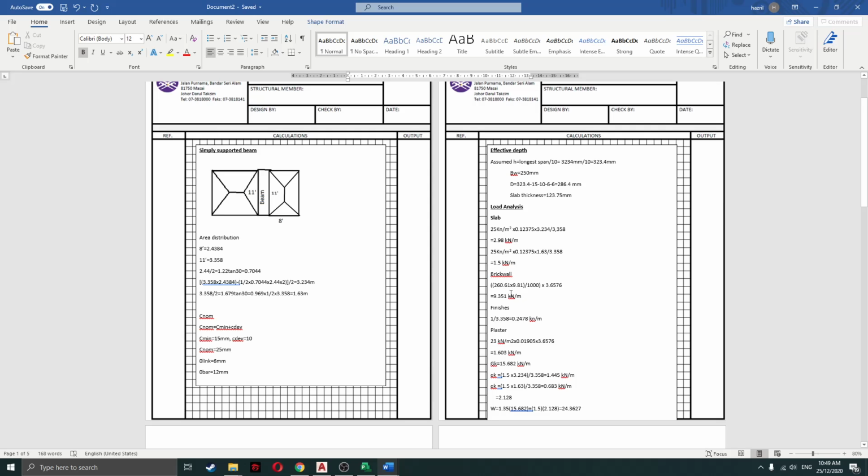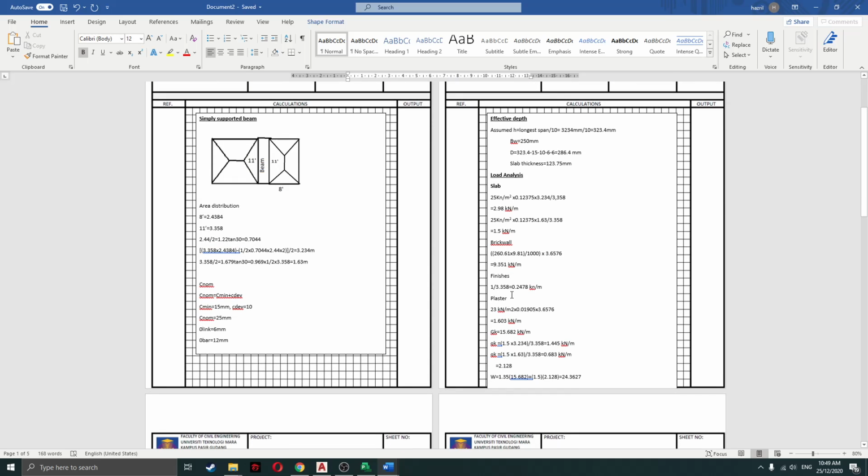Brick wall, I get the density in kg, and then I times with the height of the brick wall. I get 9.351 kilonewton per meter. Finishes, 1 divide by area, I get 0.2478.